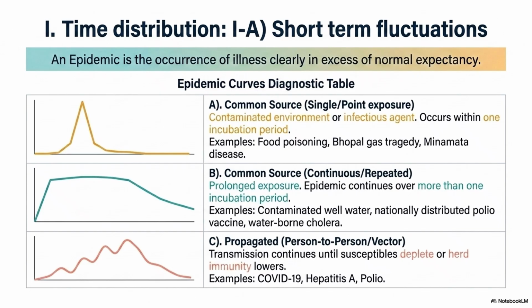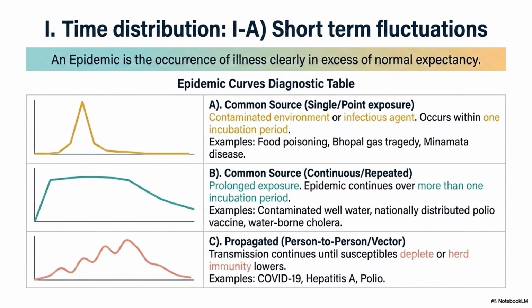And now we will discuss about short term fluctuations here. So short term fluctuations means sudden outbreak of cases will be there. So this is epidemic. So an epidemic definition is occurrence of illness or disease clearly in excess of normal expectancy. So here we will think that clearly in excess means it will be in high numbers, like that we will think.